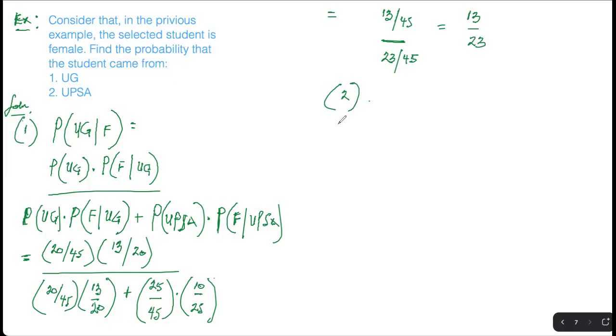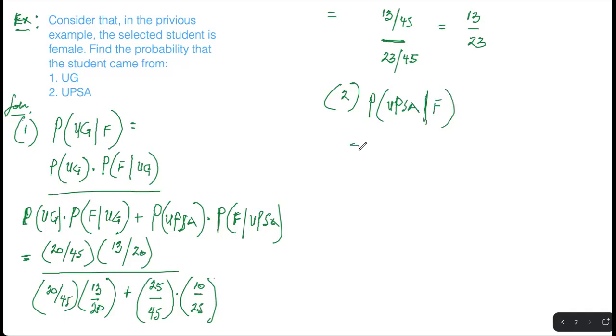So I'm going to be finding the probability of UPSA given F. It's going to be a similar expression, except that the sum doesn't change. The only part that would change is the top. I would have to replace it by the probability of UPSA multiplying the probability of F given UPSA.